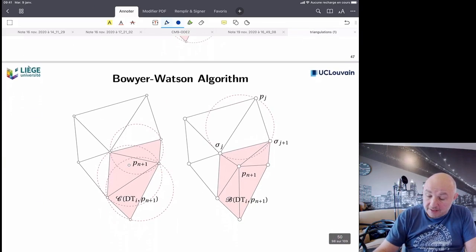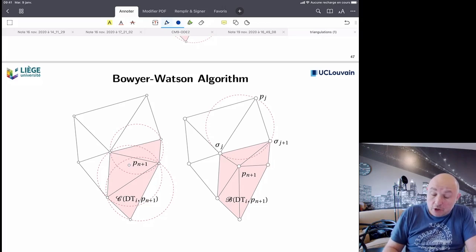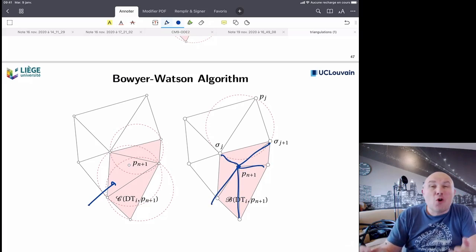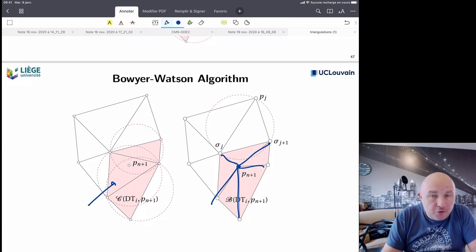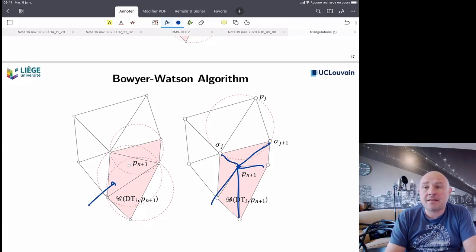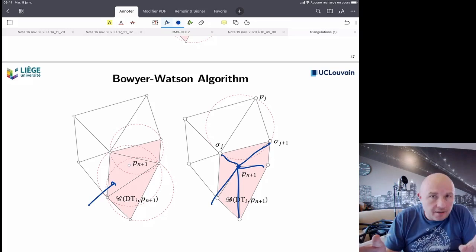That's the Bowyer-Watson algorithm. So this is exactly what you do. You compute the cavity, you remove all the triangles in pink here, then you triangulate the cavity. You can always do that, it can be proven. It means that you don't have to check anything. It will work.